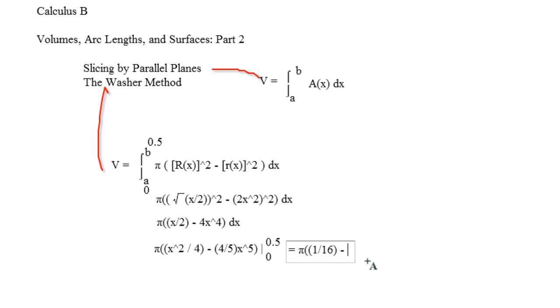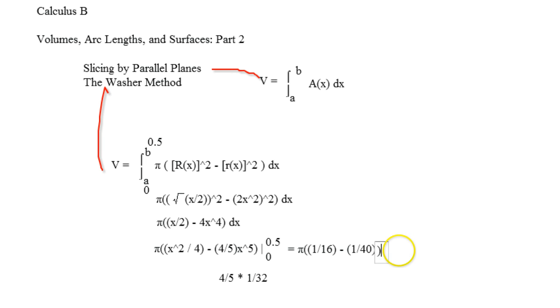And that's going to be minus 1/40th. Yeah, because this is going to turn into 4/5 times 1/32. Yep, that's right.